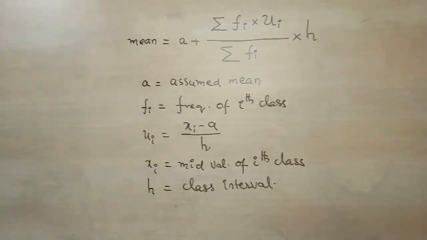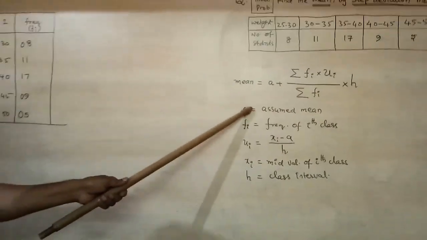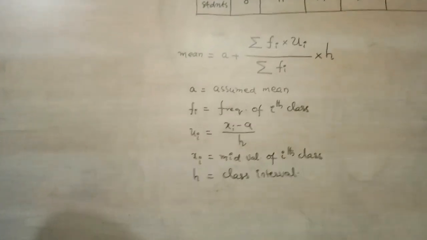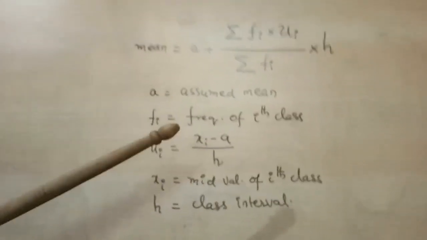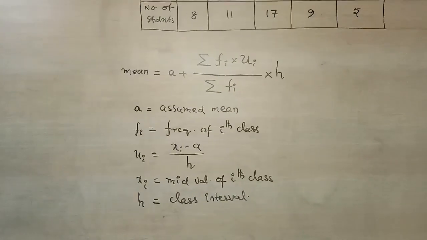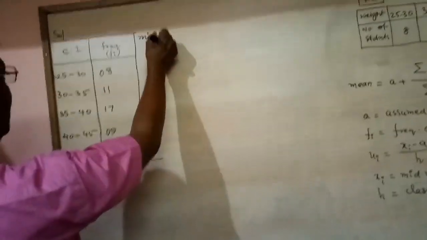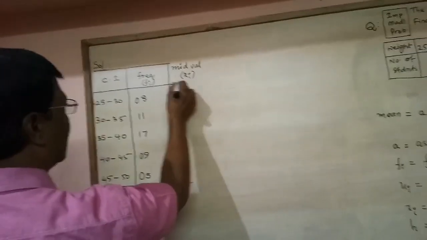But here there is no class mark given, so we have to find the mid values. From mid values we can select the A value. Mid values are represented by xi.